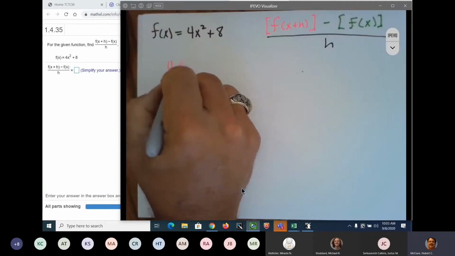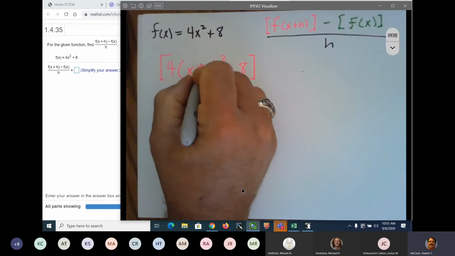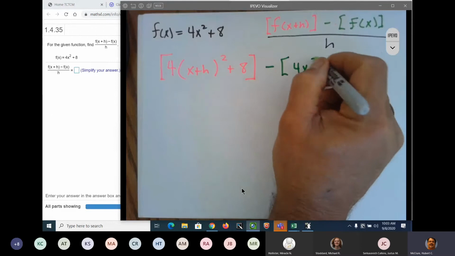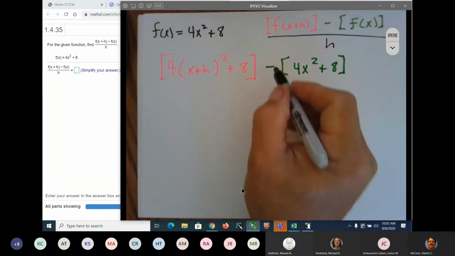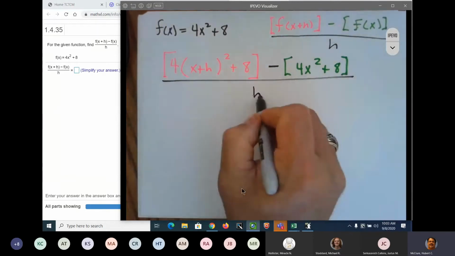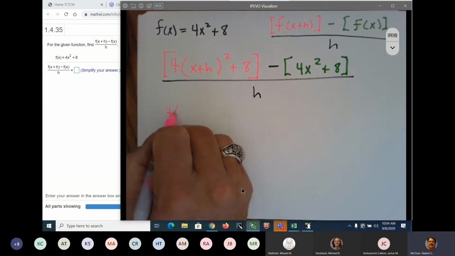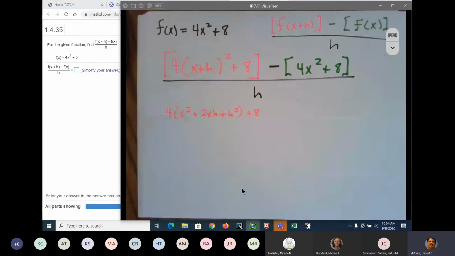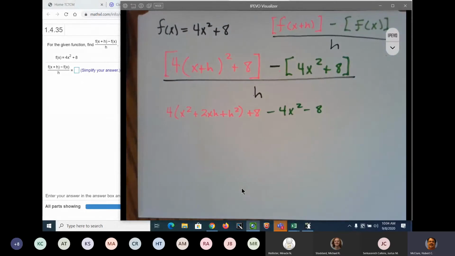So 4 times (x plus h) squared plus 8 minus brackets 4x squared plus 8, divided by h.